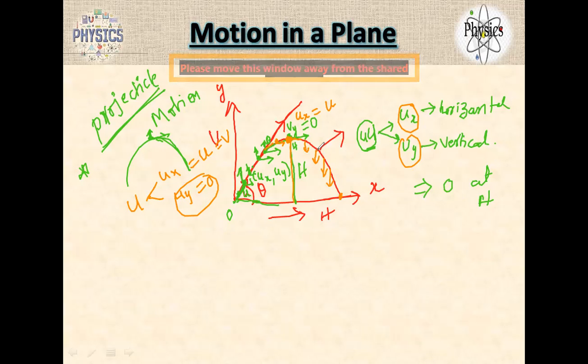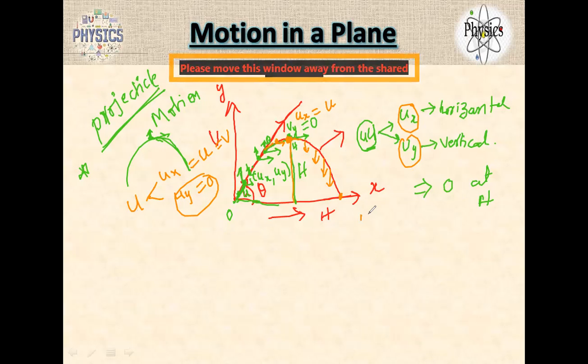But here is another question they're going to ask: which component of the velocity of the object is constant throughout its motion, the projectile motion, like a parabolic path?